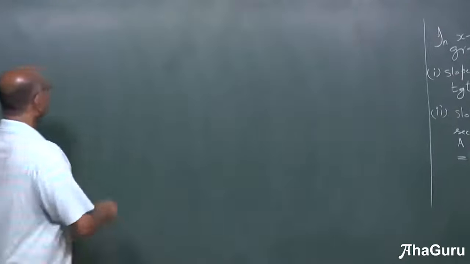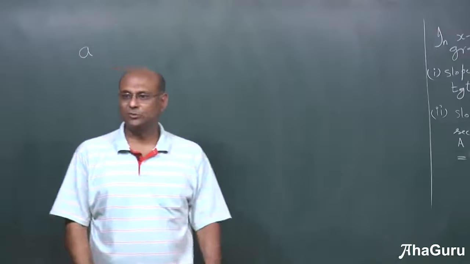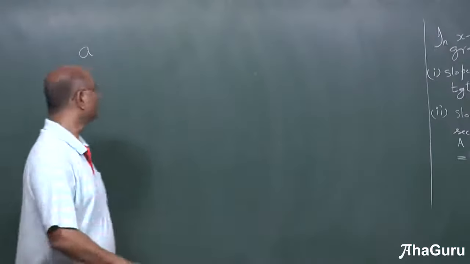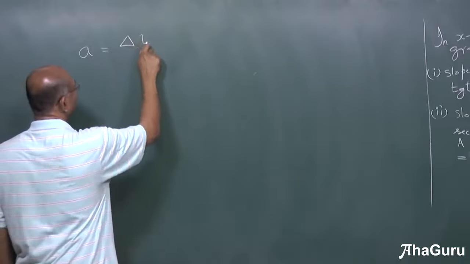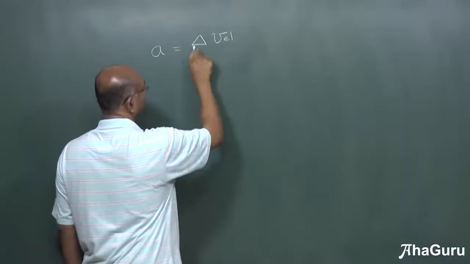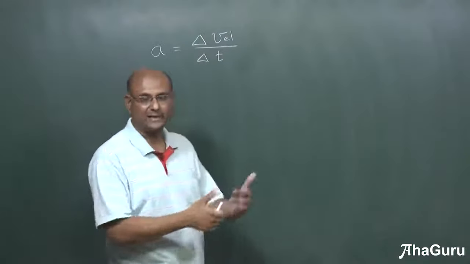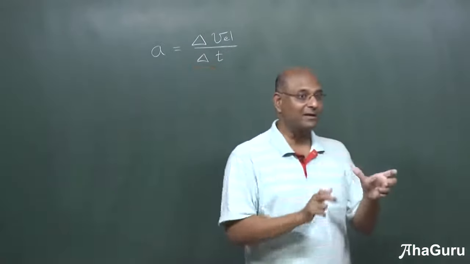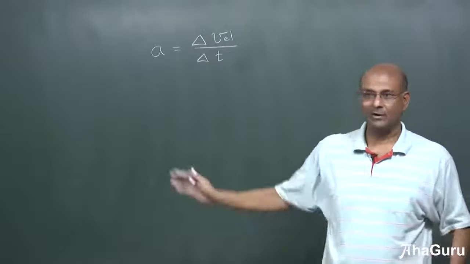Okay, what is acceleration? V minus u by t. So we can write that as delta velocity by the time interval, which I will call delta t, because t is not time interval, t is the time instant. So the change in the time instant, we have already started using that.